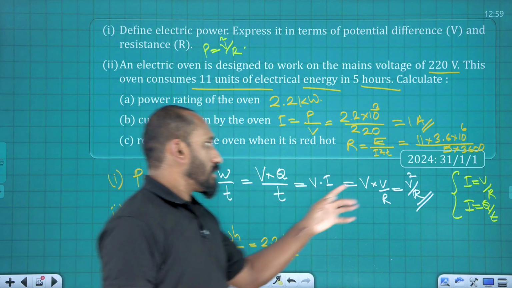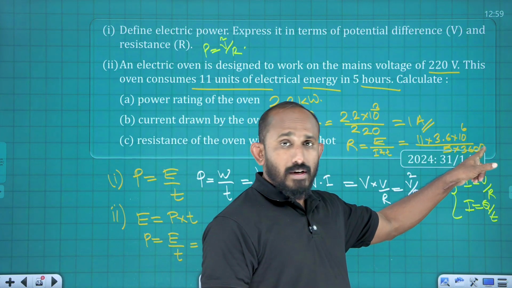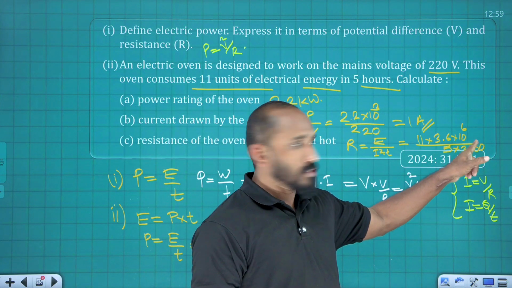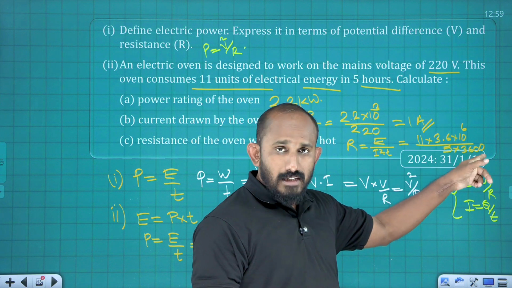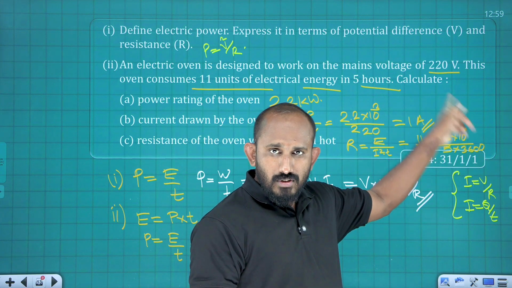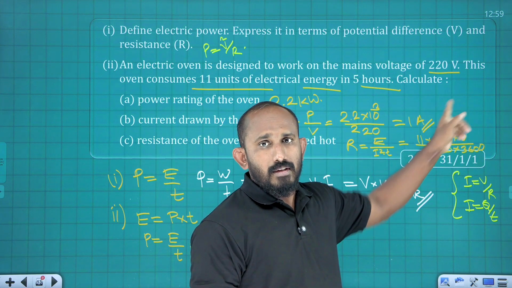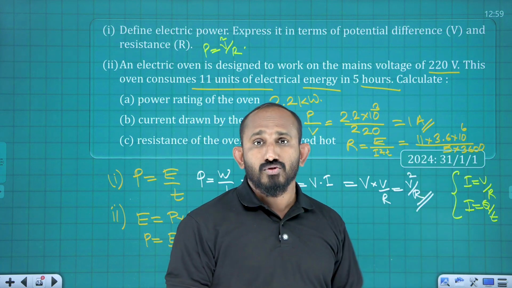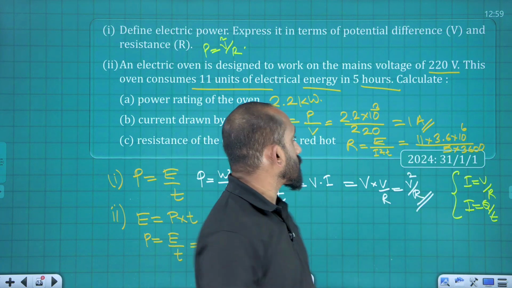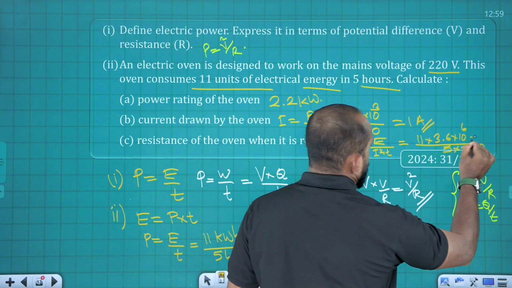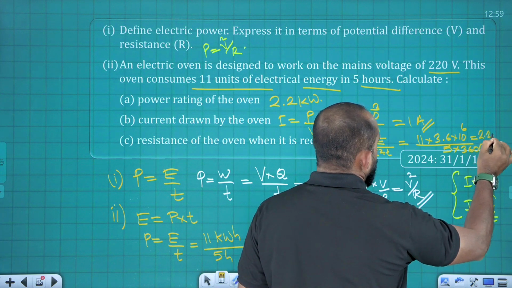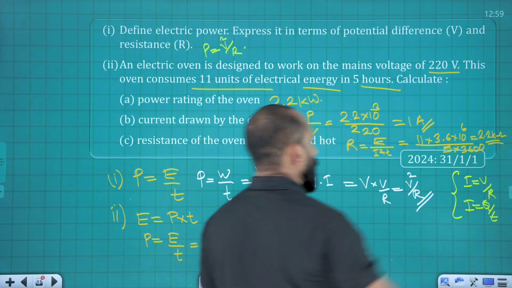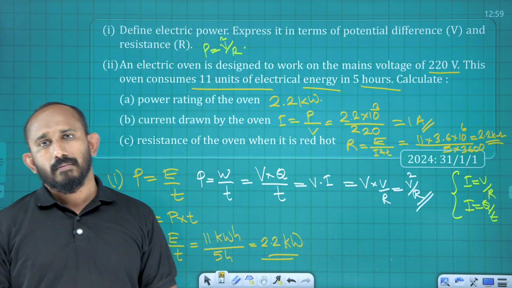So this will be 3.6 into 10 raised to 3. The 3.6 cancels, and 10 raised to 6 over 10 raised to 3 leaves 10 raised to 3. Then it will be 11 by 5, that is 2.2 into 10 raised to 3. That is 2.2 kilo ohm, the resistance of the wire.